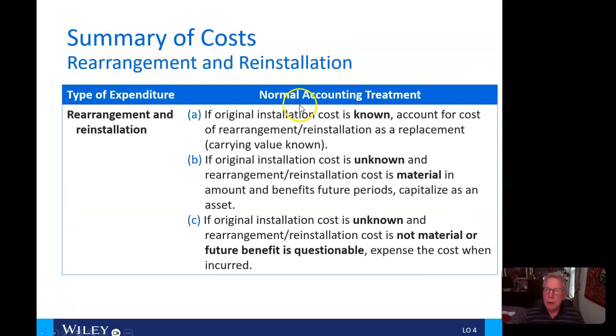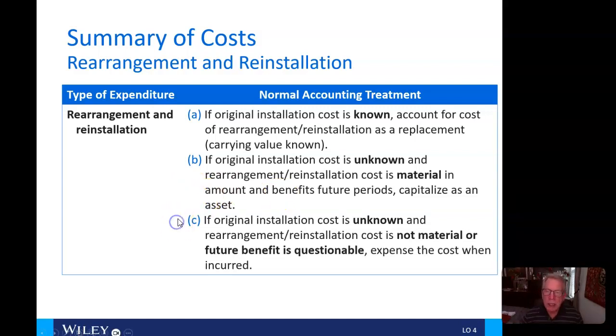Okay, so summary of the costs, rearrangement and reinstallation. So if the original installation cost is known, we'll account for the cost of the rearrangement/reinstallation as a replacement. Carrying value is known. Now, under Bravo, if the installation cost is unknown, and the rearrangement/reinstallation cost is material in amount and benefits future periods, we'll capitalize it.